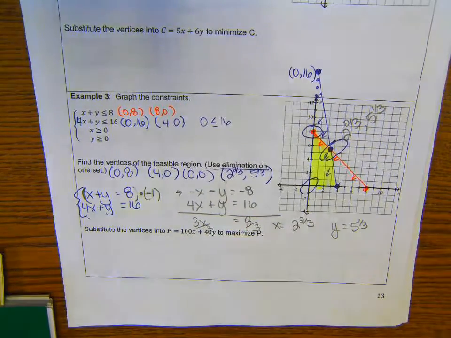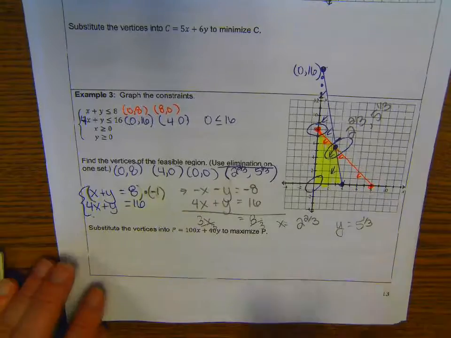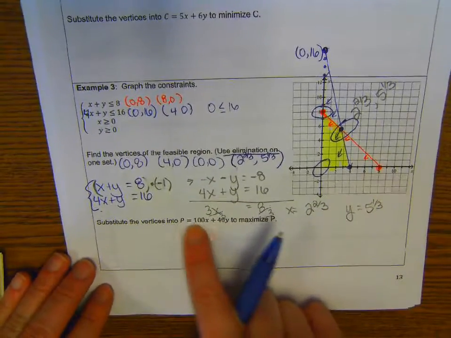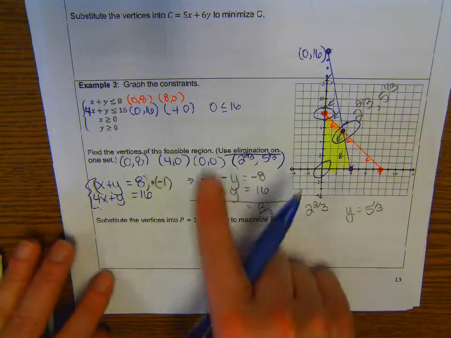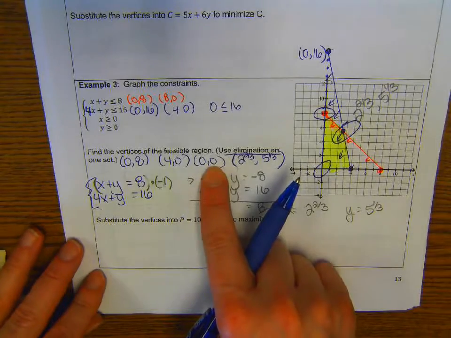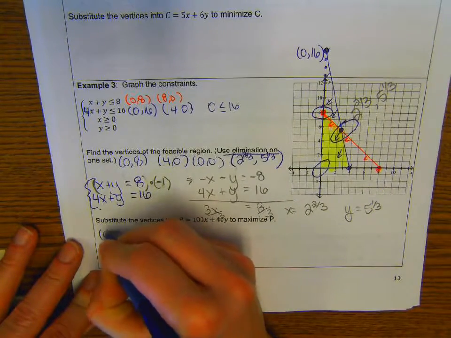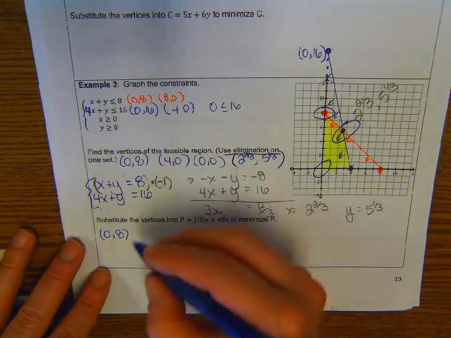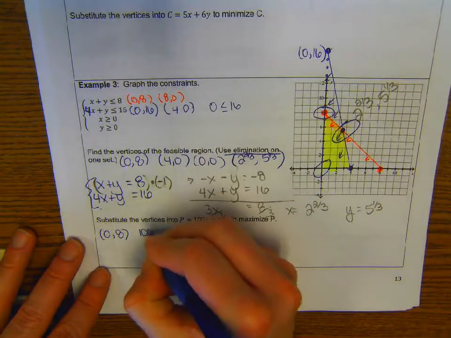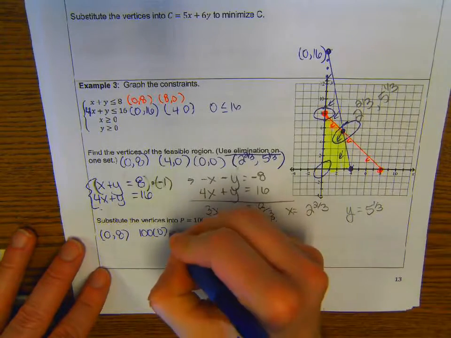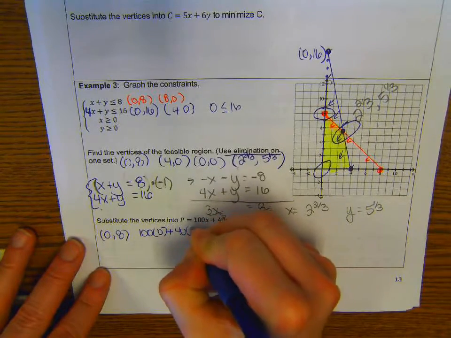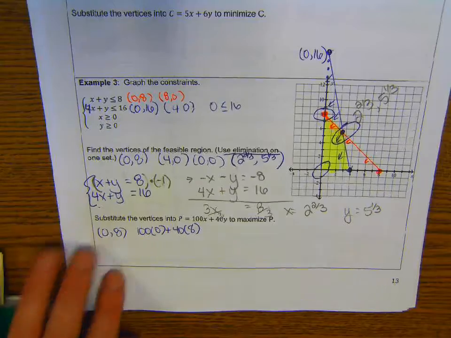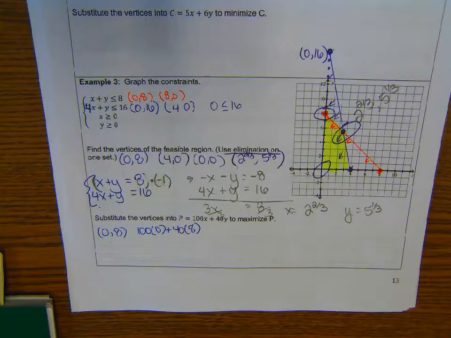All right, now I'm going to need your help. Would you get your calculators out, and we're going to try to maximize this. I'm not doing 0, 0. I know it won't do anything. Let's check 0, 8 first. What do you get for that one?